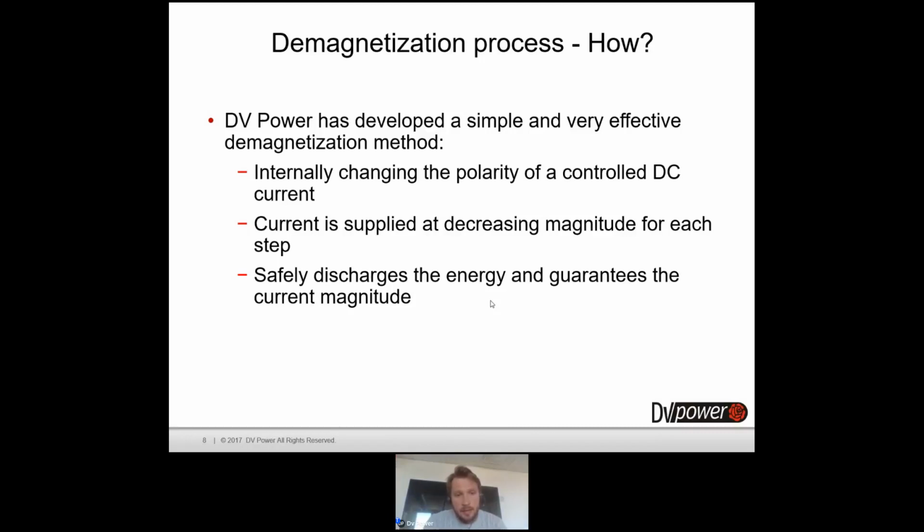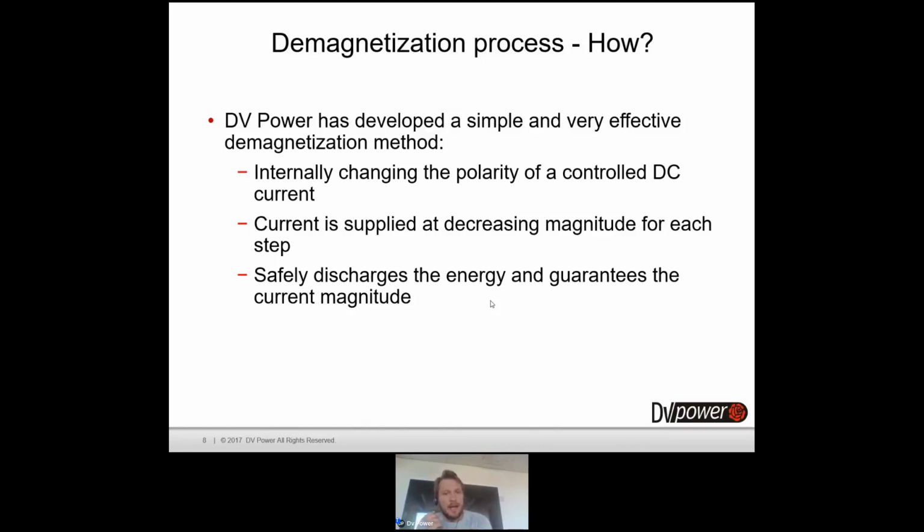Basically, the trick is in creating enough magnetic flux. If we create enough flux, we will be able to saturate and desaturate the magnetic core. So instead of 50 hertz, we decided to use DC current, DC voltage.